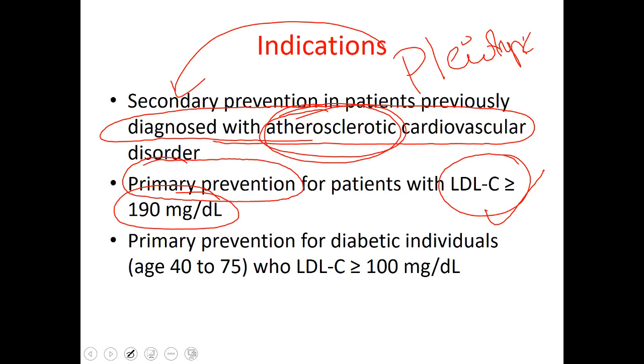So, you are trying to give it so that you prevent atherosclerotic plaque and its worsening as a primary prevention. In case that patient is a diabetic in the age range of 40 to 75, then you may have to consider initiating statins even at much lower LDL levels. When it is above 100, that is an indication for starting statins.